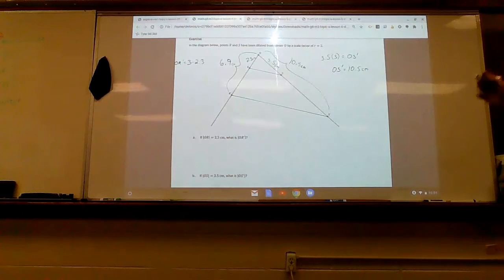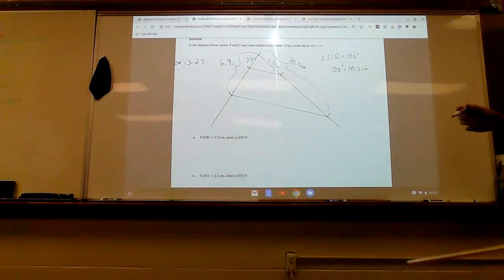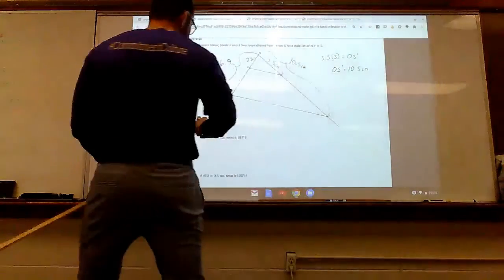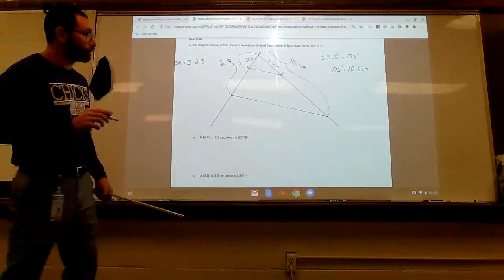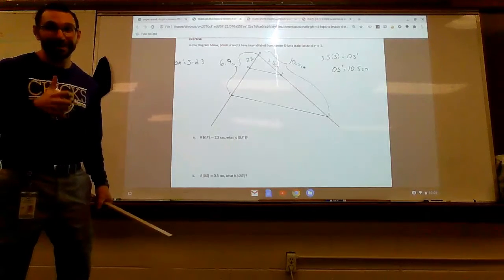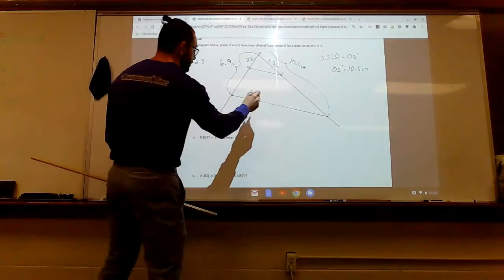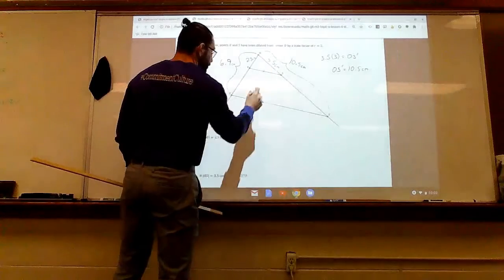Simply by looking at these lines, you should know something about them. What do they appear to be? Parallel! Whoa, you guys shouted through the computer. Look at you, you're so smart. They're parallel, okay? How can I prove that they're parallel?